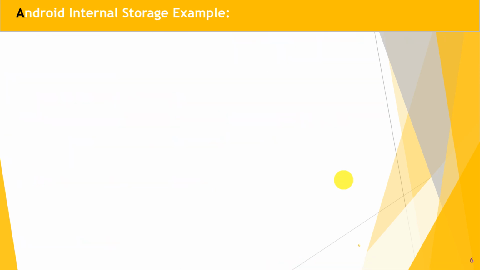Great guys, so hope you understand how to read the data from a file using the FileInputStream class, as well as how to write the data into the file, how to open the files, how to close the streams properly. Great. So let's move to our example.